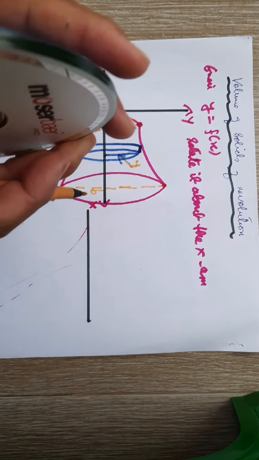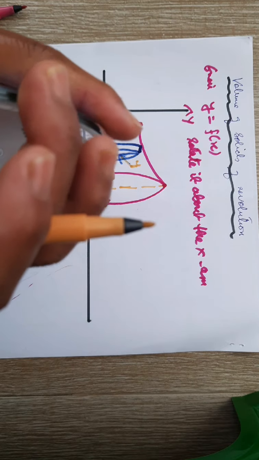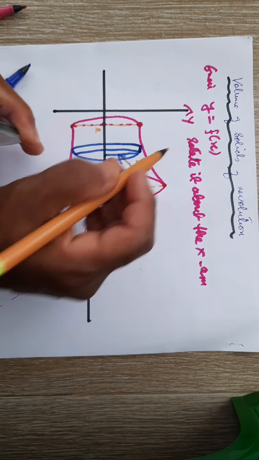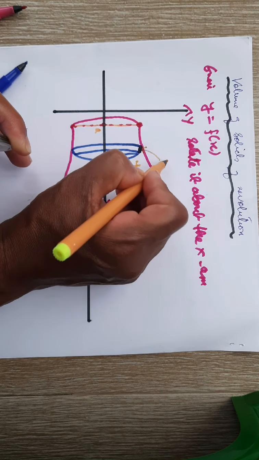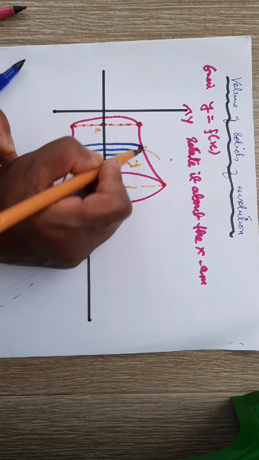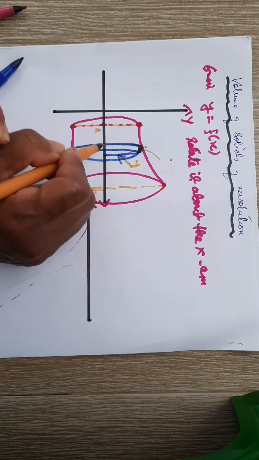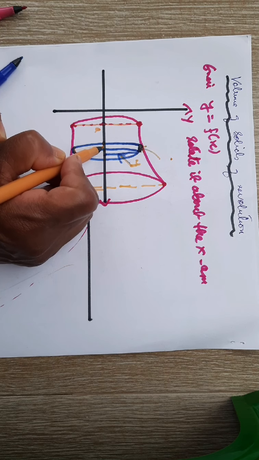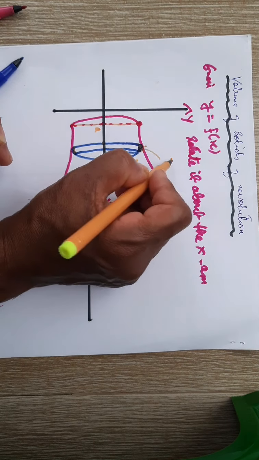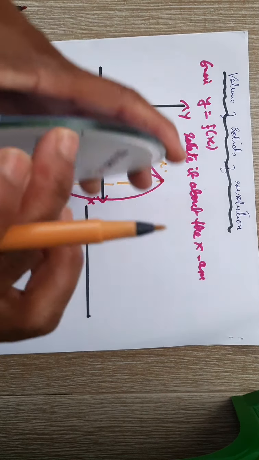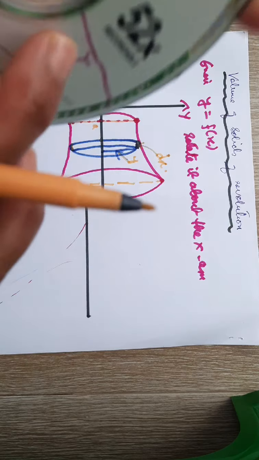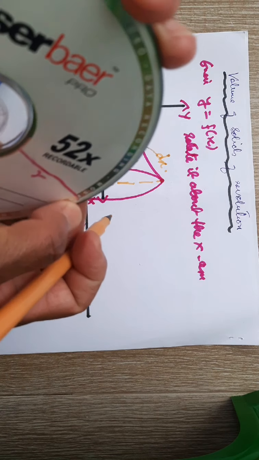Now the thickness of that disc must be very small. So let me take the thickness of this one, from here to here, since it is parallel to the x-axis, as dx. So the thickness of this disc is equal to dx and the radius of this one is equal to r.